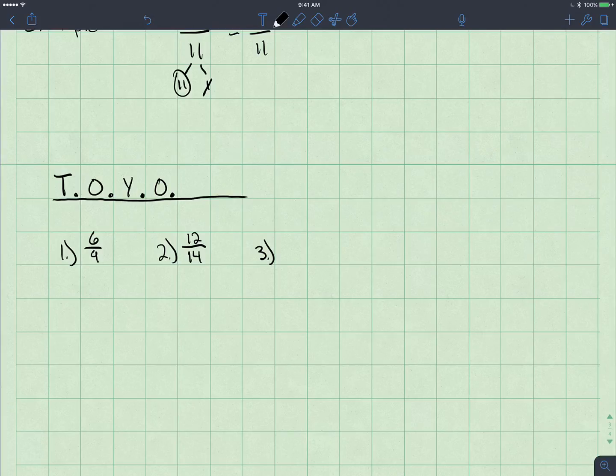Try a number like 2/12. And for number 4, we'll try a number like 8 over 18. All right, see y'all in class.